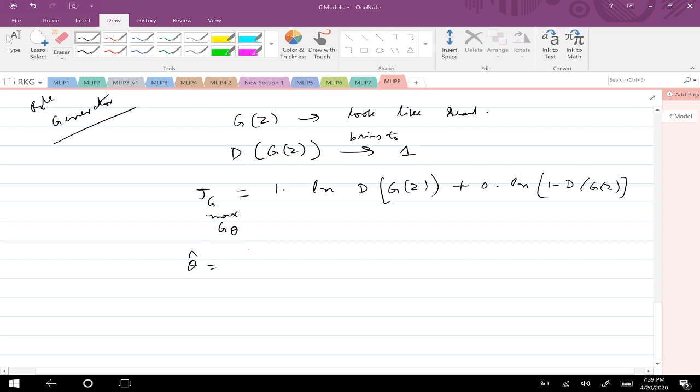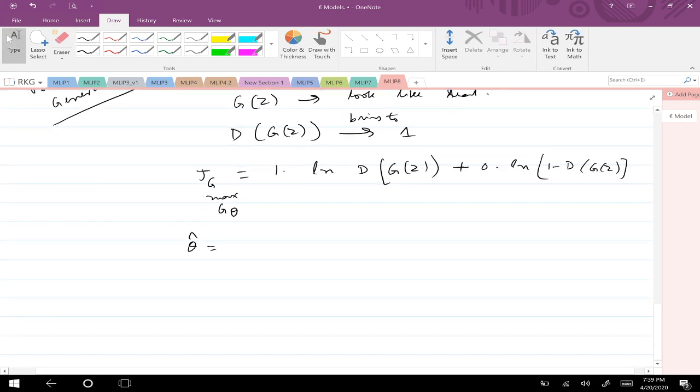Please note that the generator is also a CNN that has kernels, and the objective is to either maximize this or minimize.